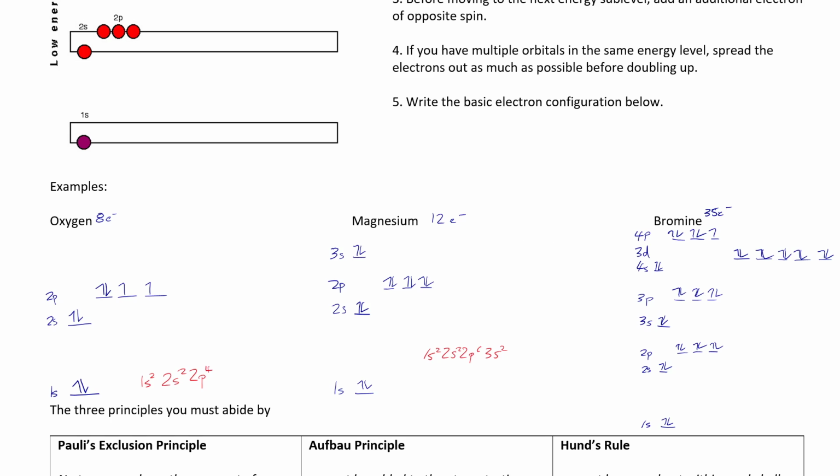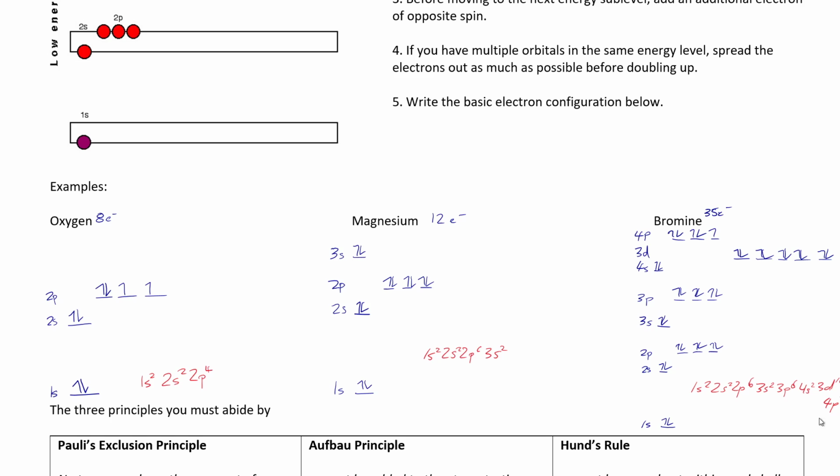So if I was to write my electron configuration for bromine, I'm going to write it as follows: 1s2, 2s2, 2p6. So remember, these superscripts represent how many electrons are within that sublevel. Then 3s2, 3p6, 4s2, 3d10, and then I'll have to go over here, 4p5.